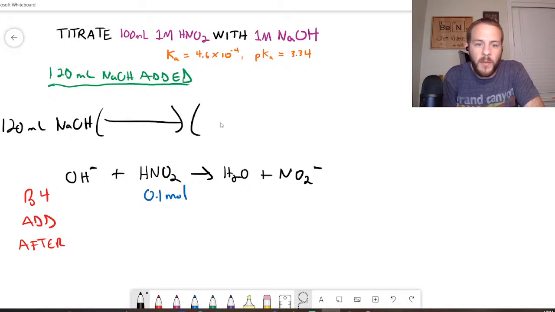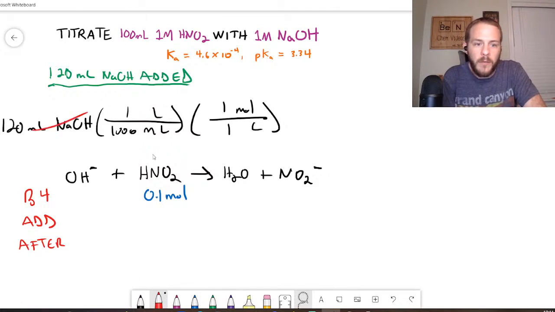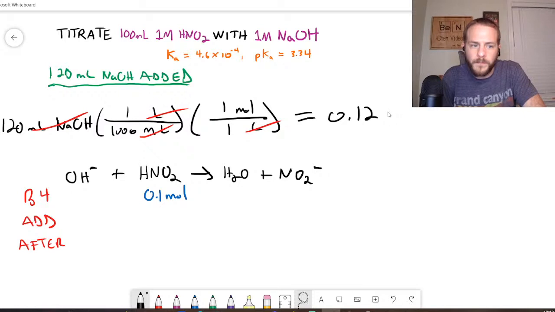Going to perform that two-step conversion in which we convert it to moles by converting from milliliters to liters and then from liters to moles. 1,000 milliliters in a liter. Since it's a 1 molar solution, we have 1 mole for every 1 liter of solution. Milliliters cancel, liters cancel. 120 divided by 1,000. That ends up being 0.12 moles.